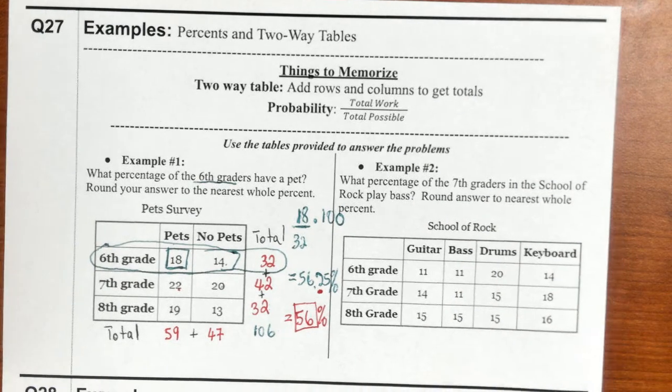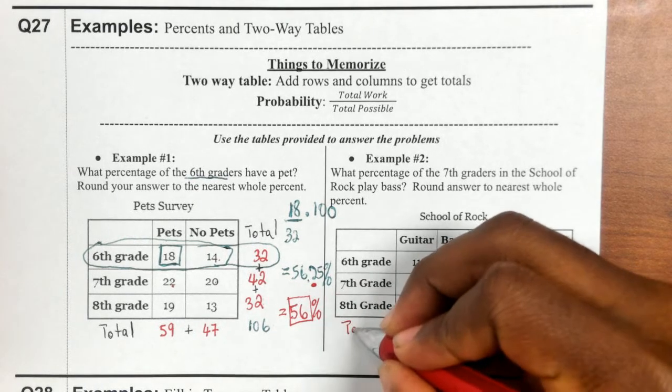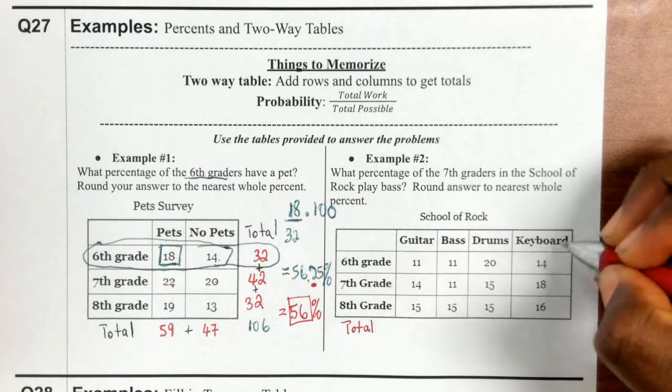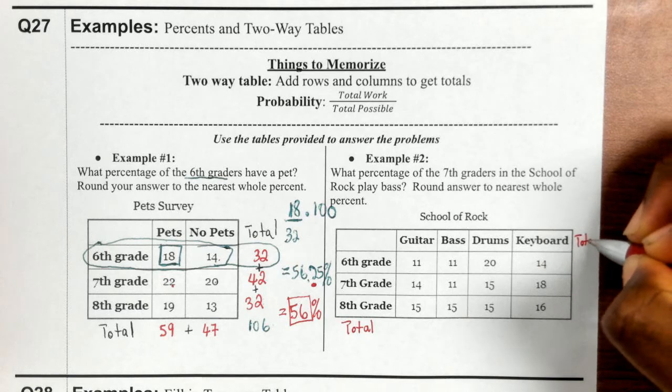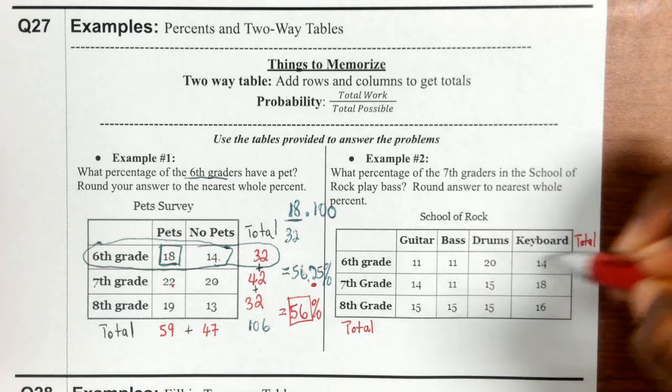It says, what percent of 7th graders in the School of Rock play bass? Round your answer to the nearest whole percent. First things first, is my table complete? No. What am I missing? My totals. Let's find all my totals. I'm going to add these, then add them across.